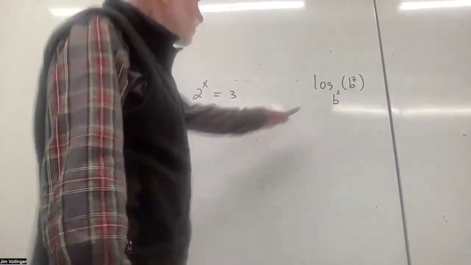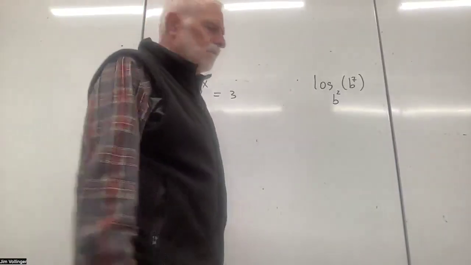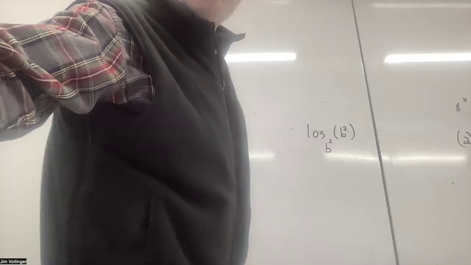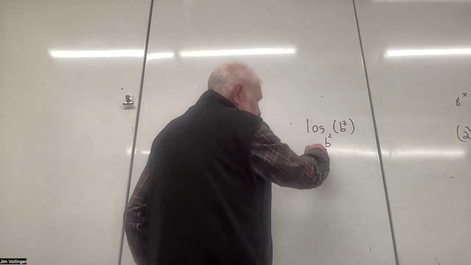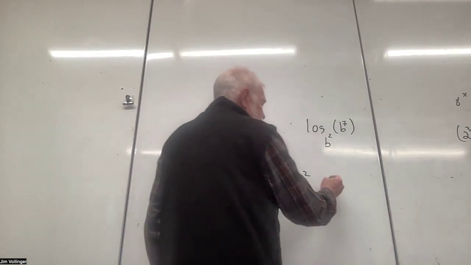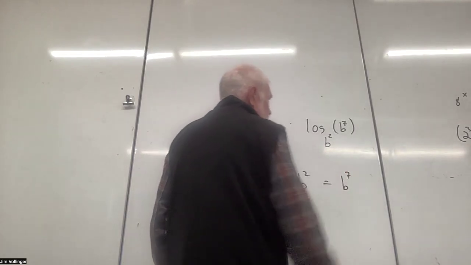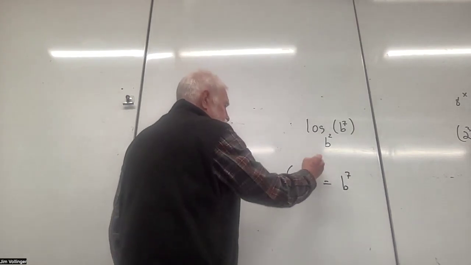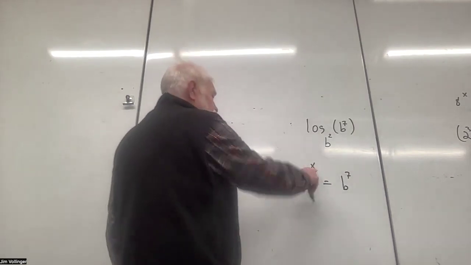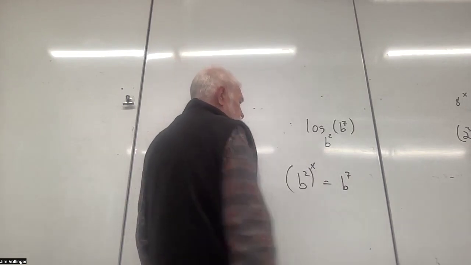But what if I wanted to change a base? Oh, this was another test question. What if I wanted to change b squared, which is a base, right? It's the base of a log, into b to the 7th. Well, I got to turn this exponent, I got to do something exponentially to turn that into that.